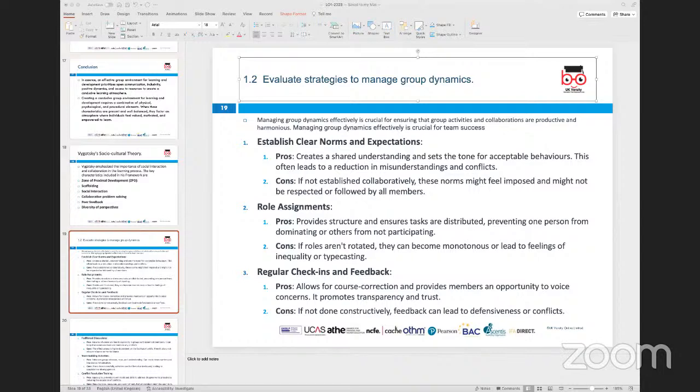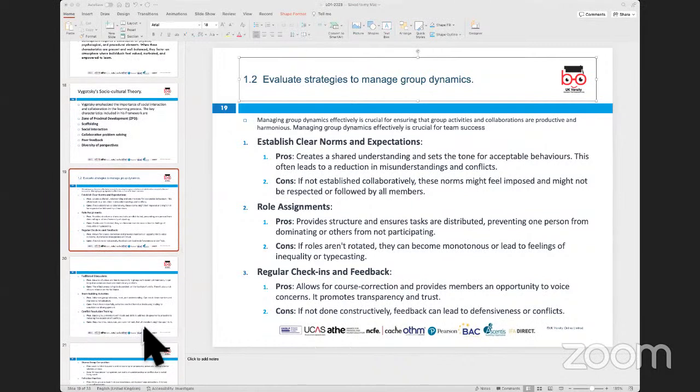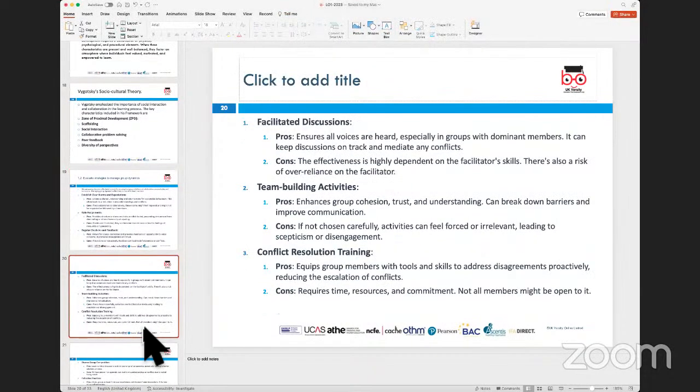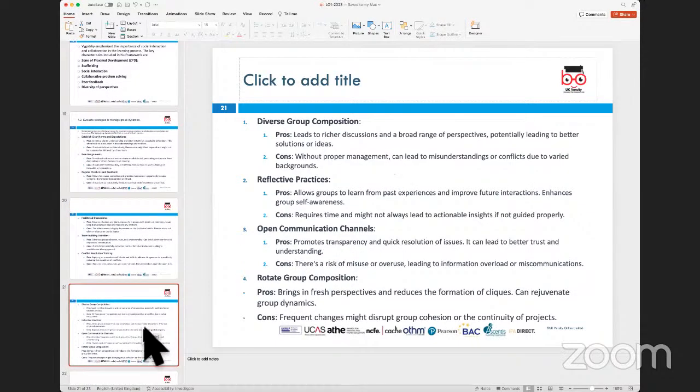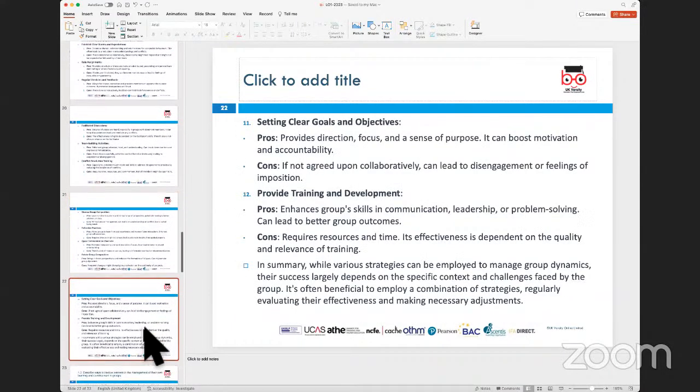You'll be doing proper and regular checks, and then seeking feedback, because this would allow you to course correct if anything is not going as planned in the class. You'd also be looking at facilitating discussions, team building activities, conflict resolution, and other aspects. For example, how do we compose this group? What are the reflective practices, and what are the open channels of communication? All these points will help you manage group dynamics.